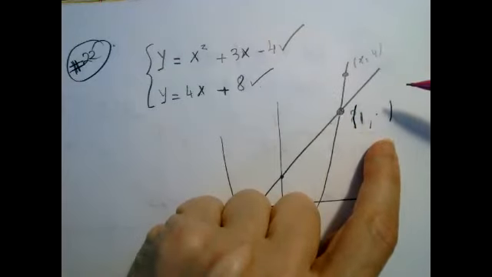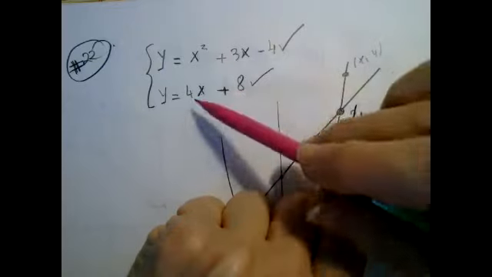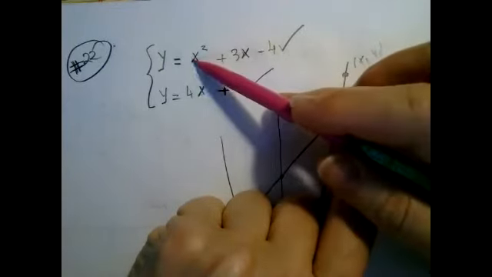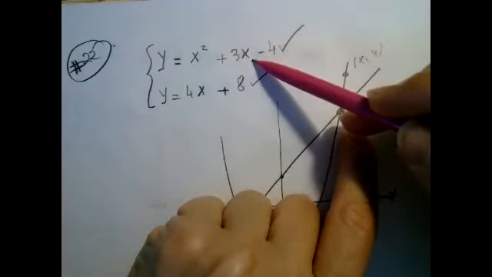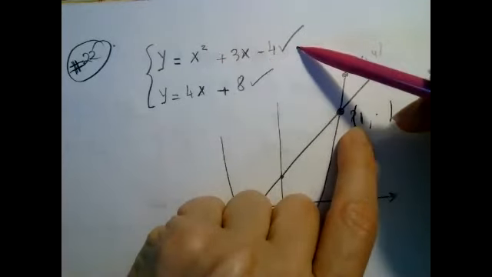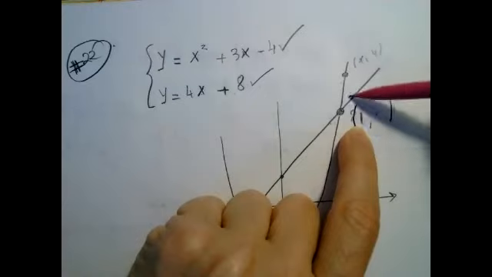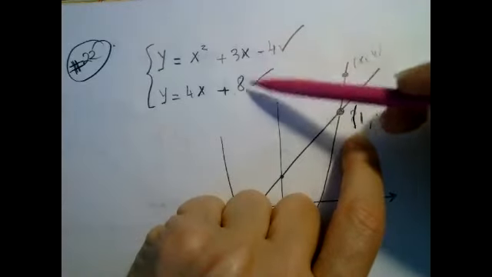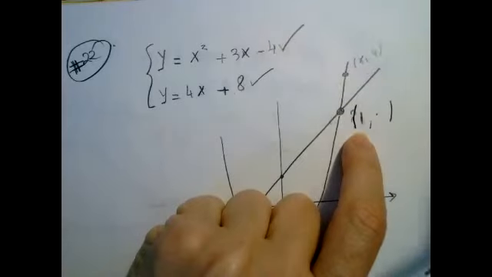Otherwise, it cannot be on both graphs. If I plug 1 here, I get a 12. If I plug it here, I get 1 plus 3, 4, minus 4, I get 0. So this point cannot be on both graphs because for 1, I will have 2 different y's.